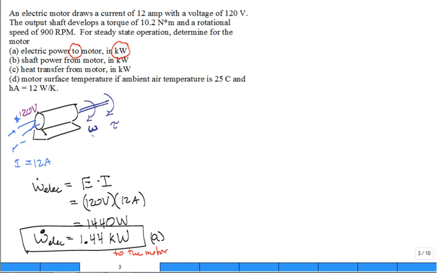So let's work out what omega is. Omega is how many radians per second, but we're given the rotational speed in 900 revolutions per minute. Well, we do a unit conversion: one revolution is how many radians? 2 pi radians. A full circle revolution is 2 pi radians.